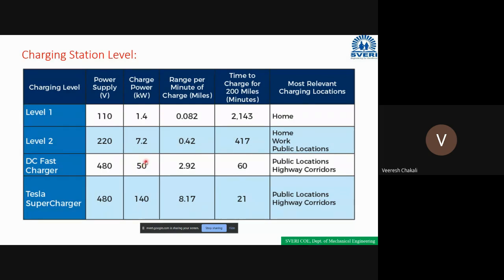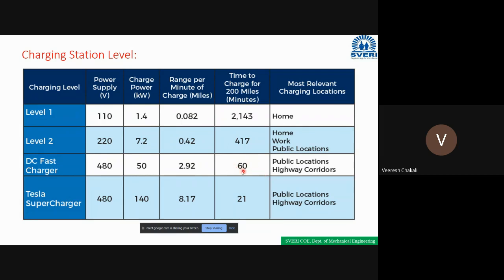And the charge power is 50 kilowatts. If we charge for 1 minute, we can travel 2.92 miles, which is approximately 5 kilometers. So with only 1 minute of charge, how much can we travel? We can travel 5 kilometers. If we charge for 60 minutes, 1 hour, we can travel 200 miles, meaning 300 kilometers, approximately.